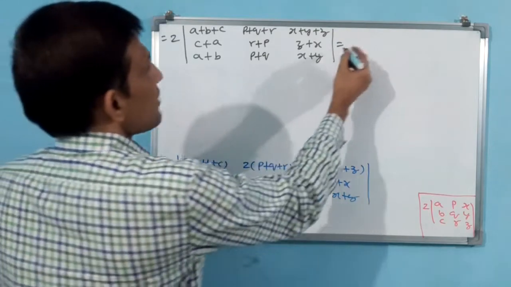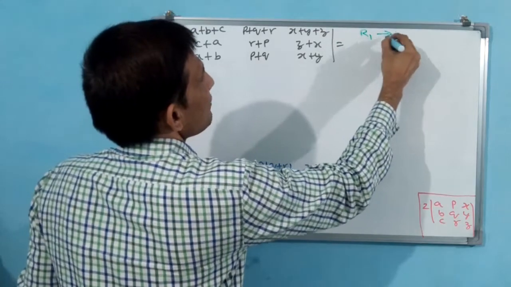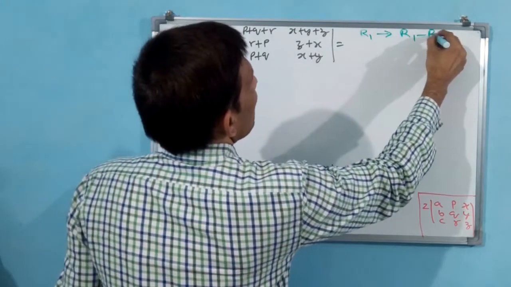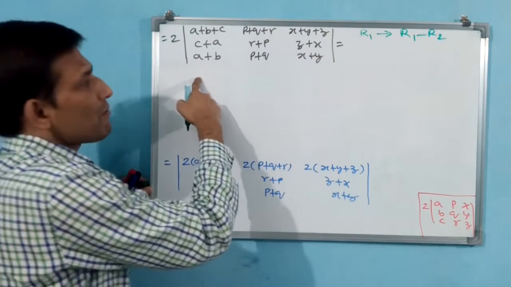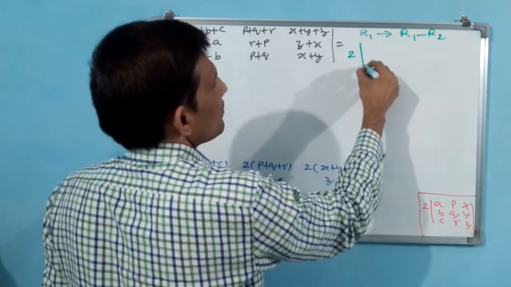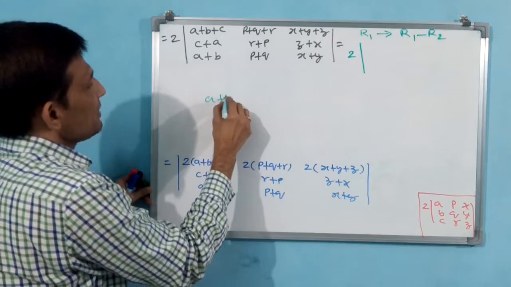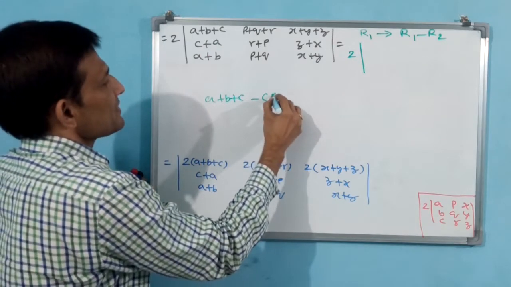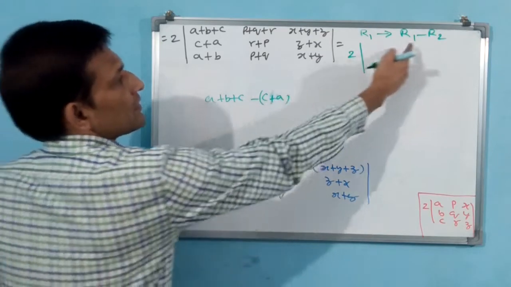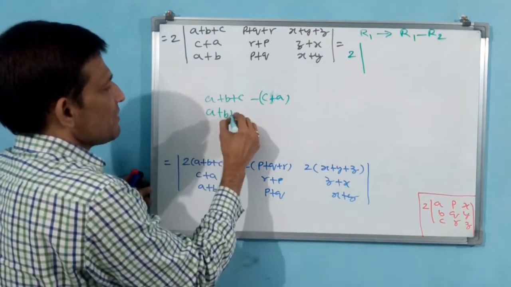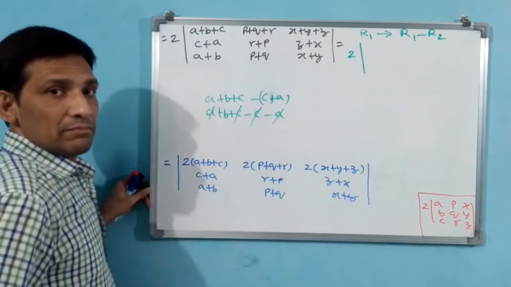Okay. See how I am doing. See, R1 is changing. What is that change? R1 minus R2. Now you write down 2. See, A plus B plus C minus C plus A, that means A plus B plus C minus C minus A. Then B only will come.